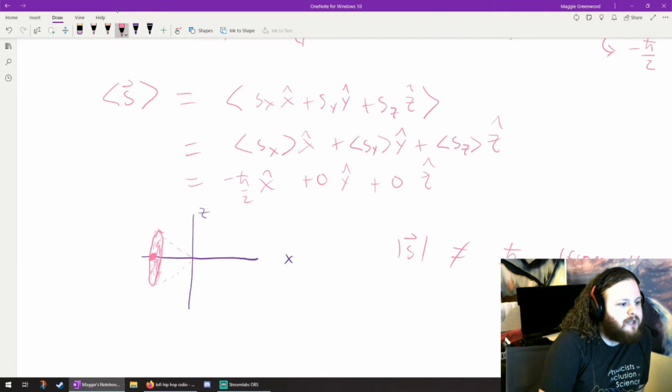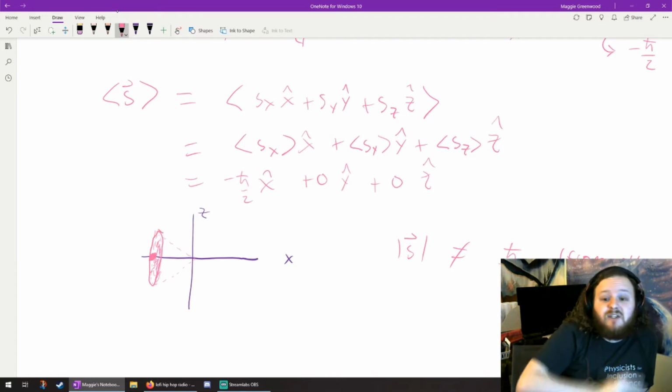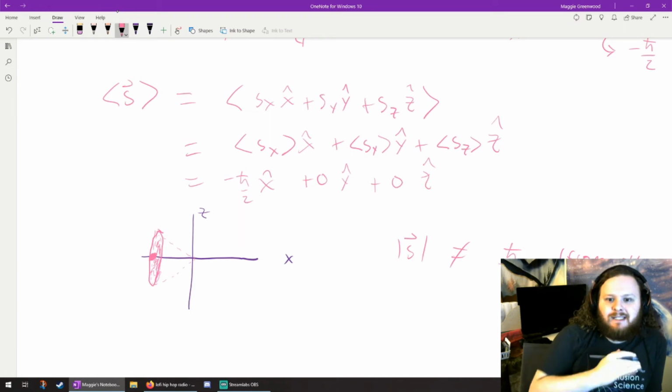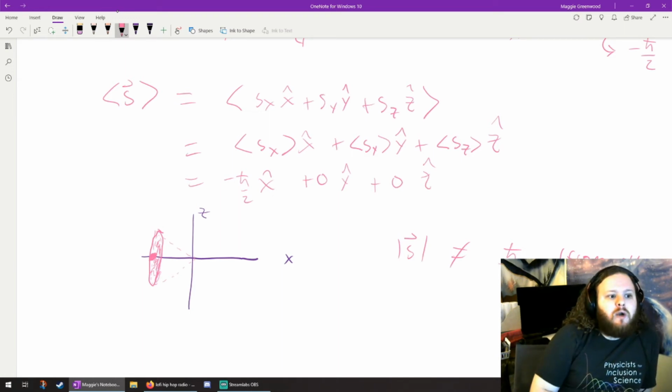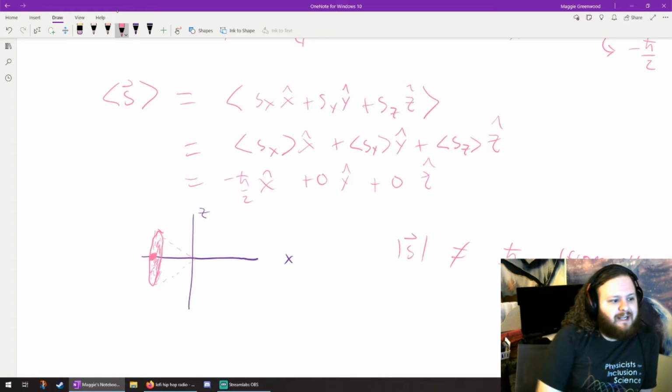There's a cone here, and you know that this thing has a very specific component of the angular momentum in the x component. You know that it's minus h bar over 2. But you don't know anything about the y or z components. And what that results in is the sort of fuzzy result that this vector lies somewhere on the surface of this cone.